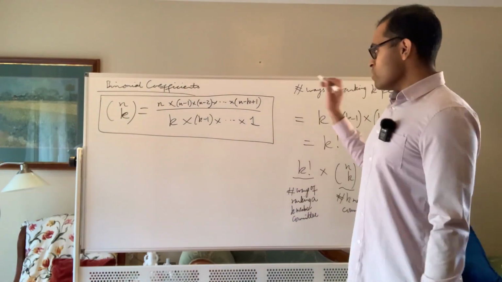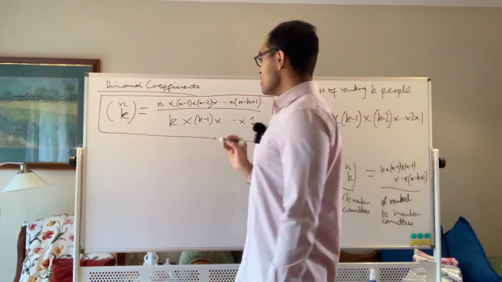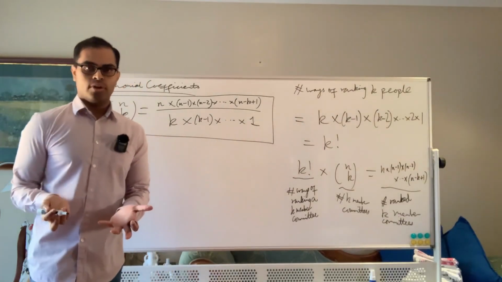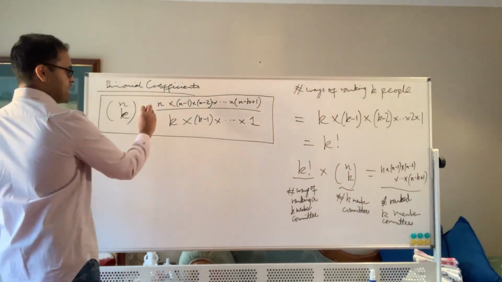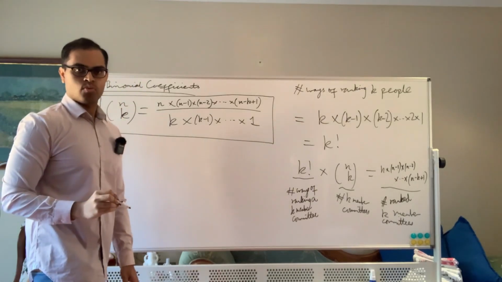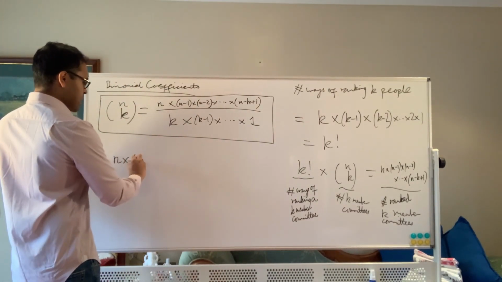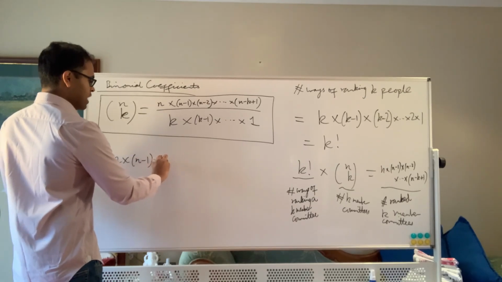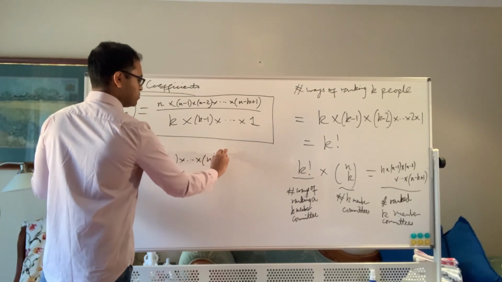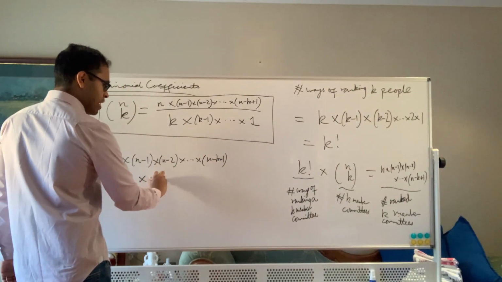I'm just going to do one more step to show you how this is in a familiar form, using factorials. We know that the denominator is what is called k factorial. Now, the numerator is a product of n, n minus 1, n minus 2, all the way up to n minus k plus 1. Now what you can do is write the following: n times n minus 1 times n minus 2 all the way up to n minus k plus 1, multiplied by n minus k.